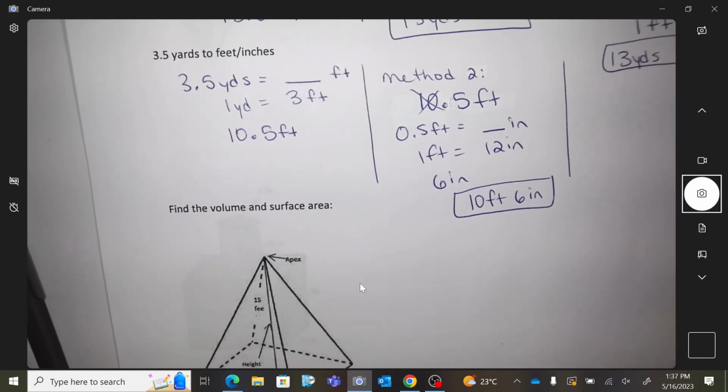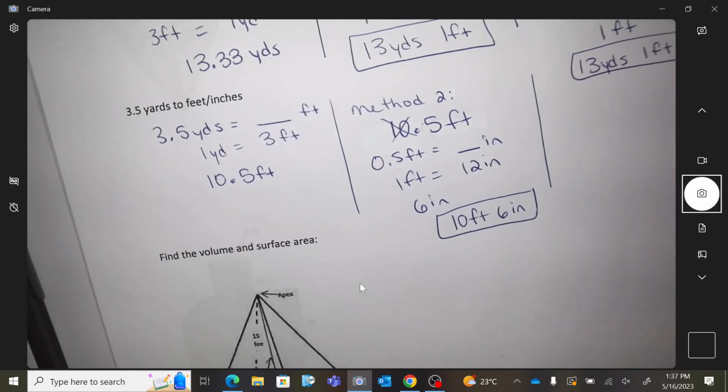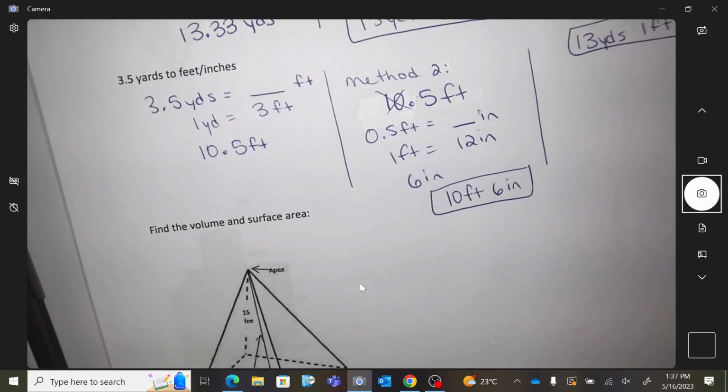Okay, some of you might have just said, ooh, a half of a foot, boom. I know what a half of a foot is, 6 inches, right? Some of you might have just gone straight to that thinking, which is good.